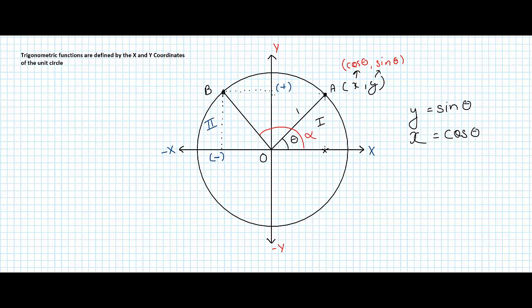Since the x coordinate of this point B is negative because it lies on the negative x-axis, we call its x coordinate minus cos alpha.